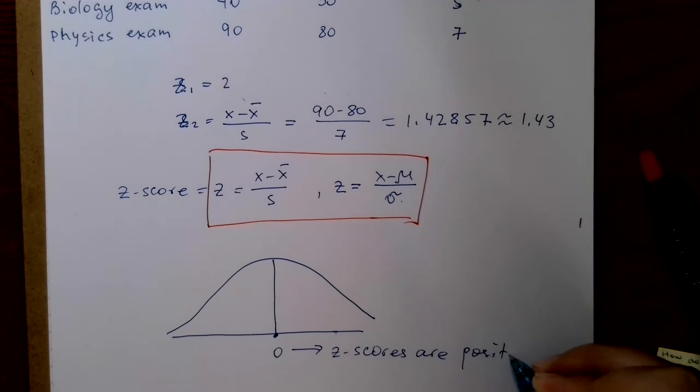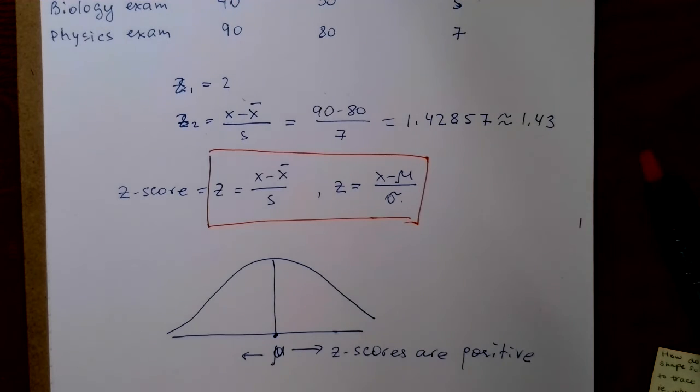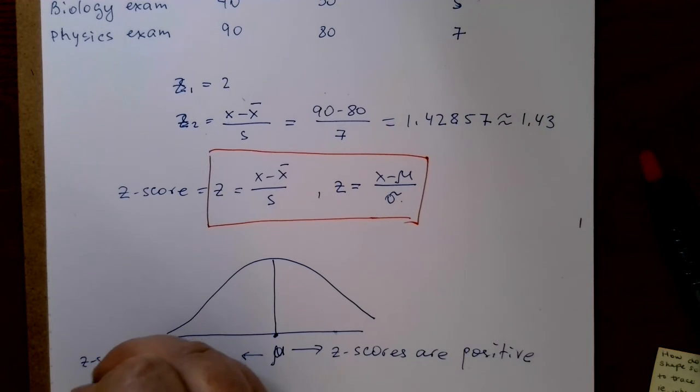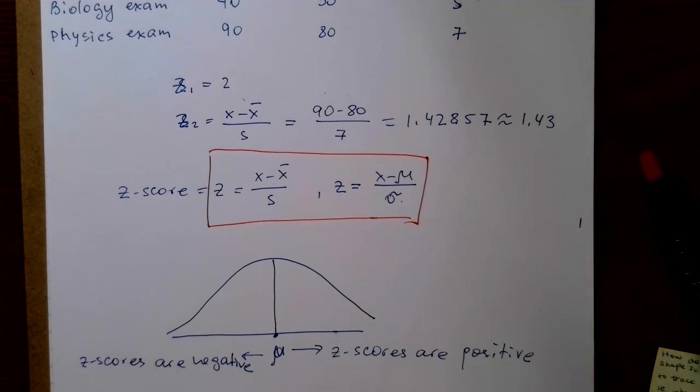Positive going in this direction, and if you go in the other direction, below the mean, then the z-scores are negative. Okay, so if you get a negative z-score, you automatically know that the value is below the mean. And if the z-score is positive, then you know you're above the average.